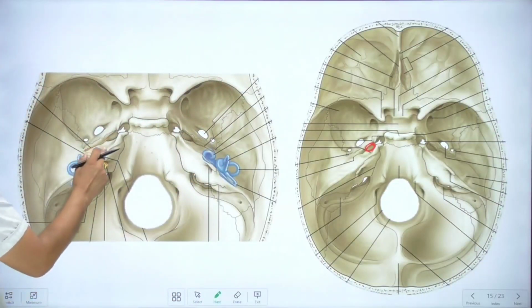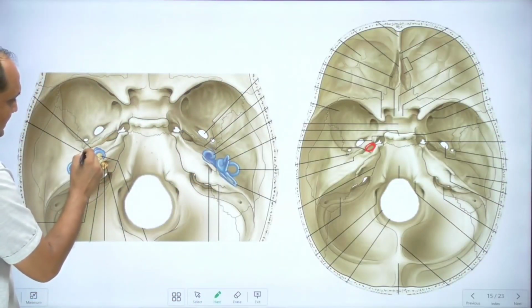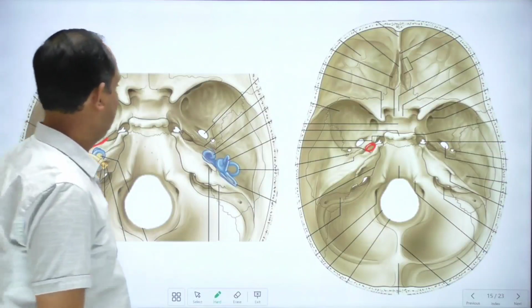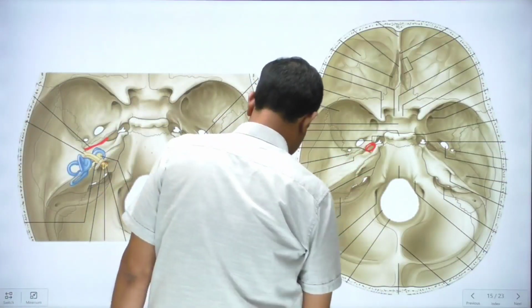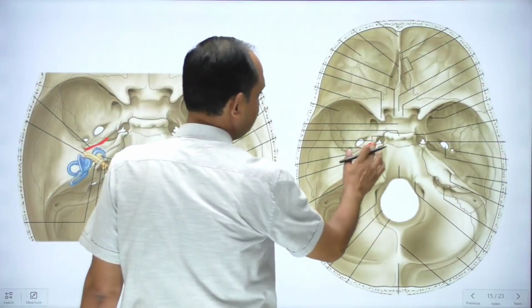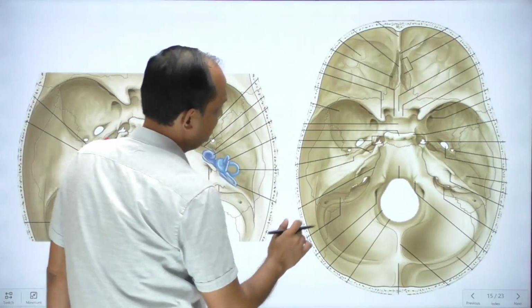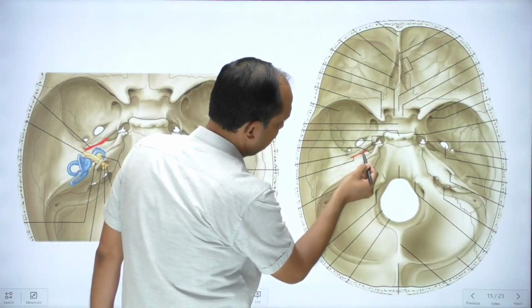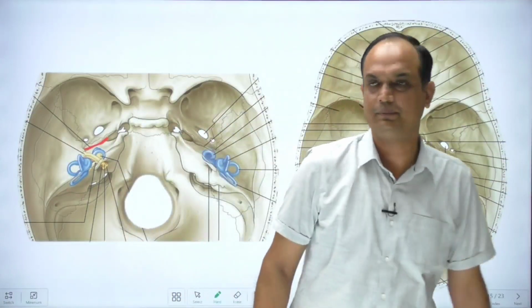Now in this diagram you can see that there is a nerve. Now this is the nerve. Now this nerve is known as greater petrosal nerve. Now where this nerve comes? Now if we'll clear this marking. Now here you can see that here you have hiatus for greater petrosal nerve. Now this is the hiatus for greater petrosal nerve.